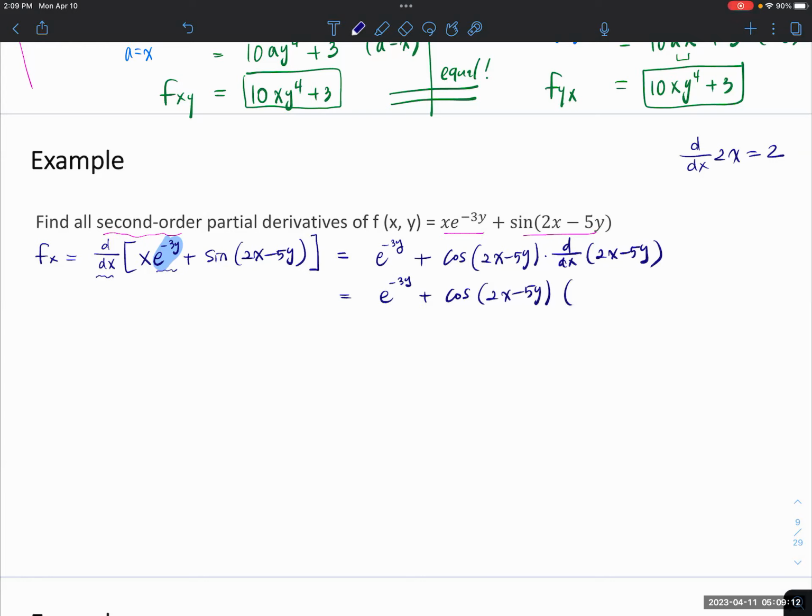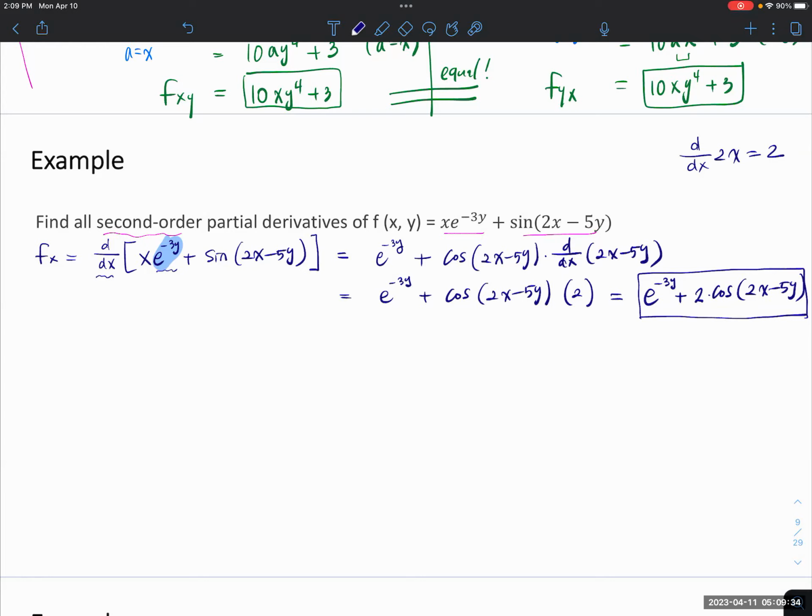And then y is going to be 0 because that's a constant. We have only 2. So again, if I rewrite it, e to the negative 3y plus 2 cosine 2x minus 5y. So far, that is my f partial derivative with respect to x.